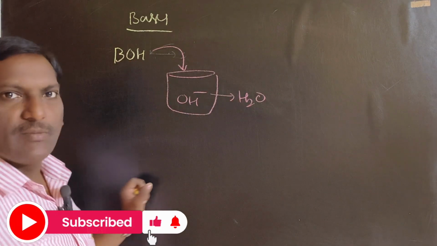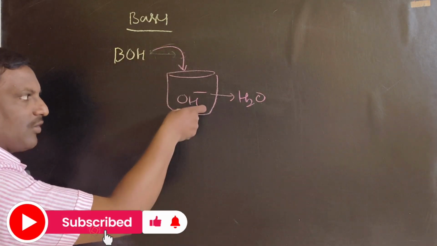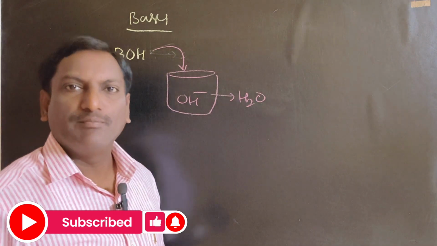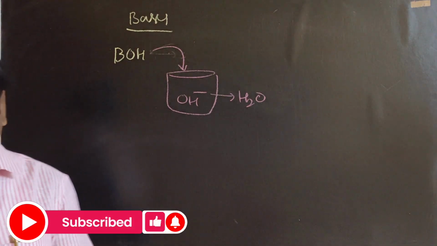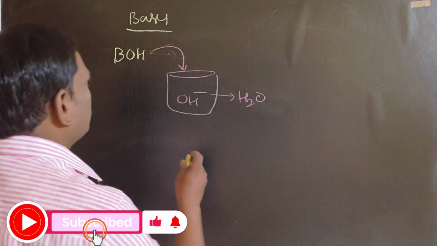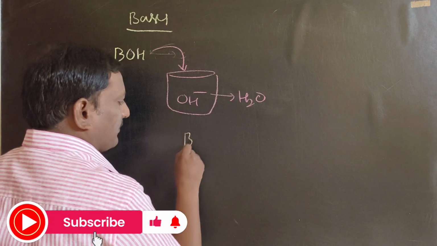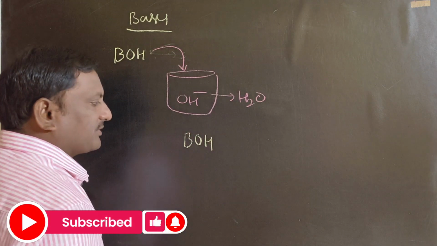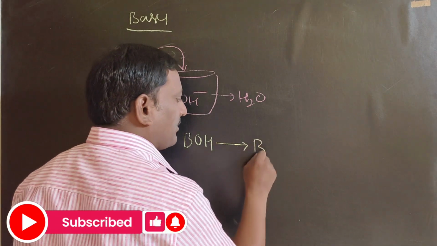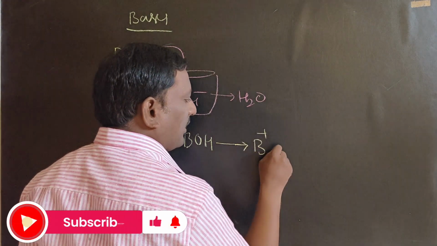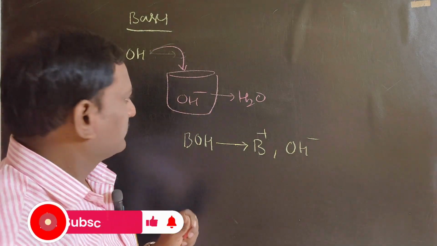This is a symbolic representation of base. BOH, let us assume I am dropping BOH in water. It splits up into B plus and OH minus.